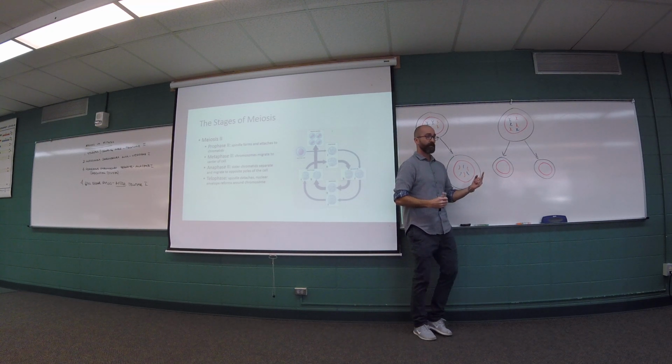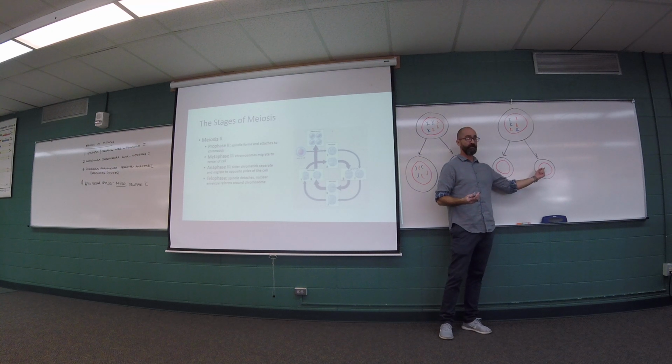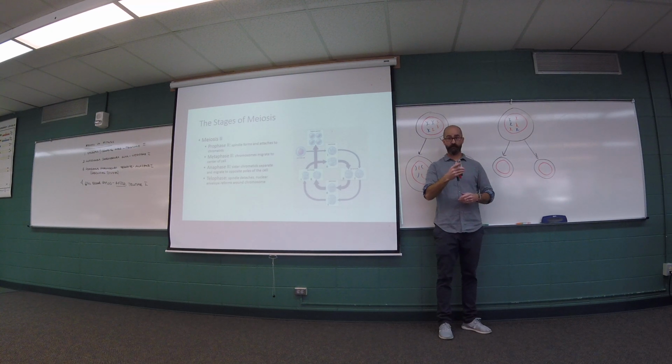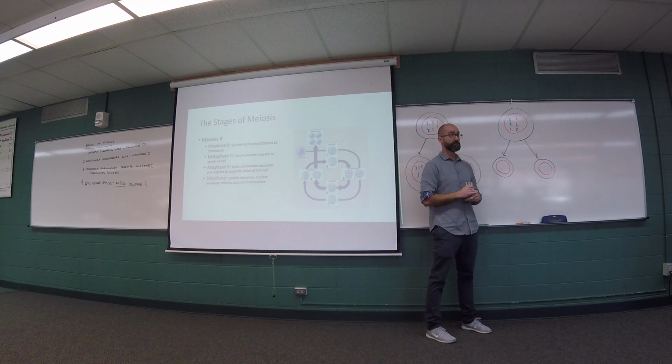How many orange chromosomes is this cell going to have? 3. It's close to 3. 2, 6. So it's after this phase, right, of meiosis 1 that we end up with 2 haploid nuclei, right? This is the stage in which it becomes haploid.